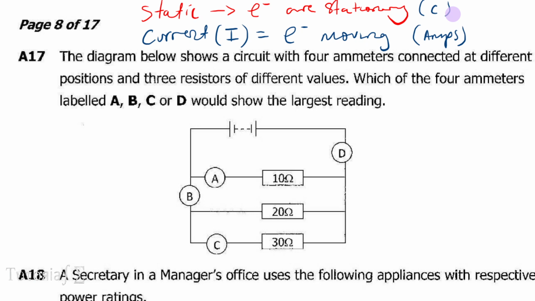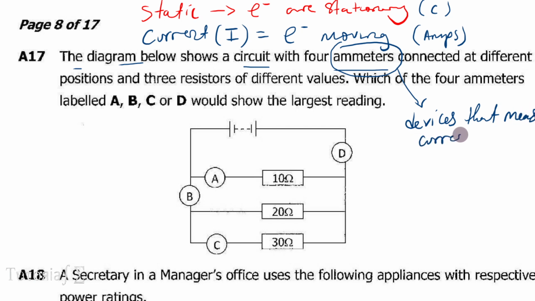Now here we are going to start with this question, and it will help us understand how current behaves when it is in a circuit. The question reads, the diagram below shows a circuit with 4 ammeters. Ammeters are devices that measure current, connected in different positions, and 3 resistors with different values.